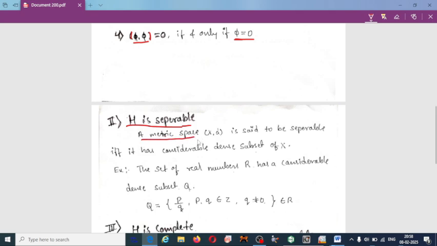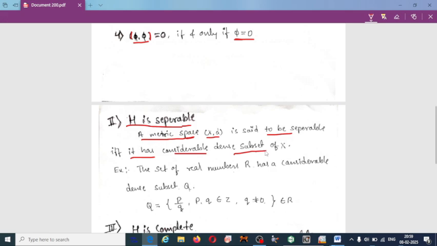You already studied metric spaces. A metric space (X, d) is said to be separable if it has a countable dense subset of X. What is a subset here?